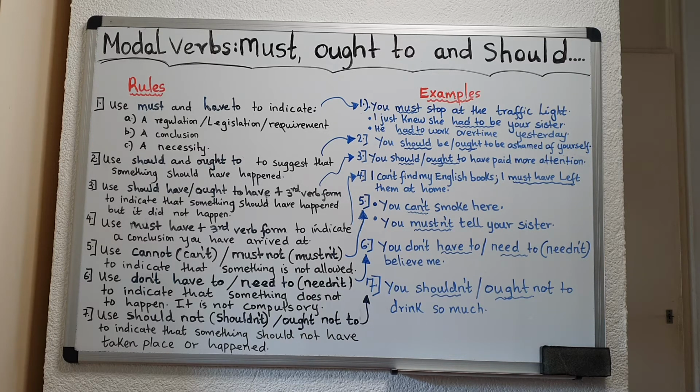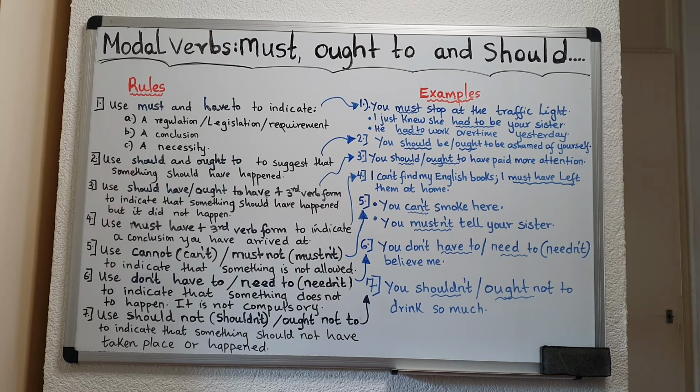Remember, the third verb form is the past perfect tense. I have a video uploaded on the past perfect form of the verb, and in my previous video about modal verbs, I have explained with some examples what the third form is.